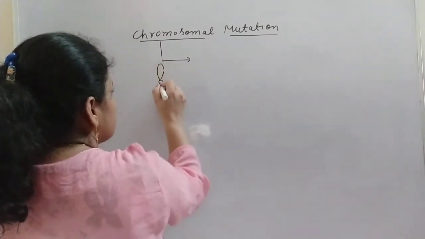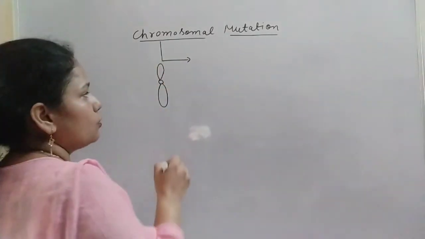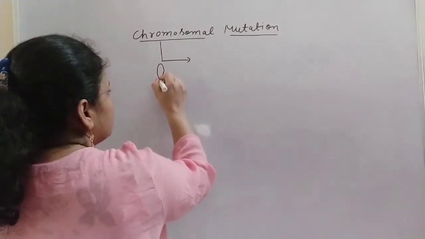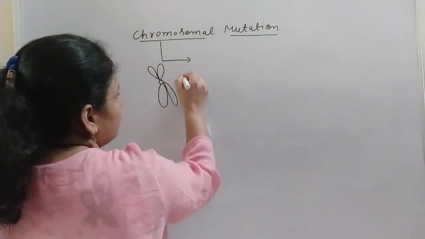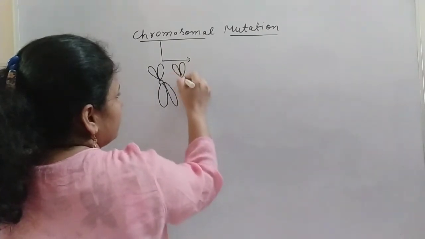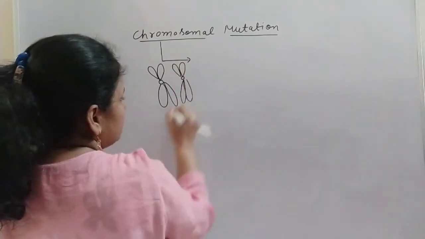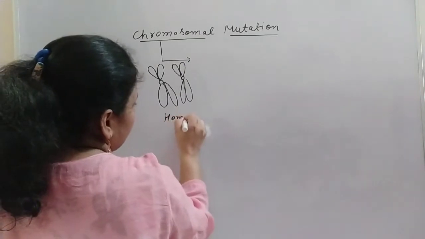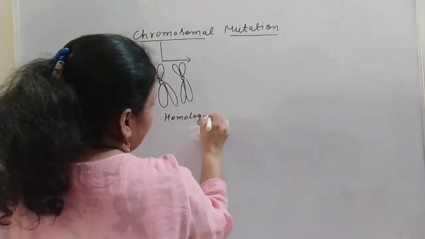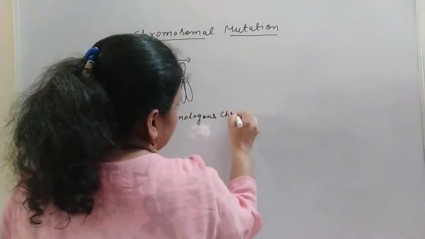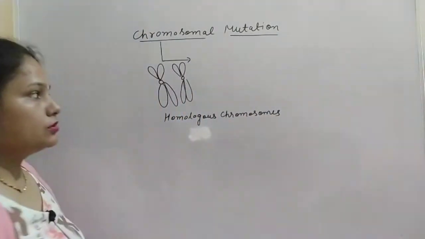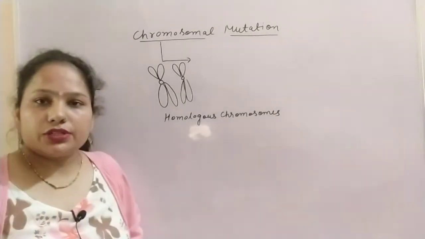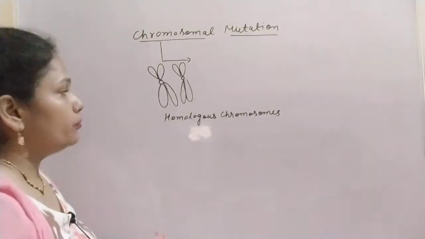Suppose this is the diagram of chromosome, and there are the two lobes in the chromosome, and if two chromosomes are together, then we can say these are the homologous chromosomes. So today we have to discuss the topic chromosomal mutation.